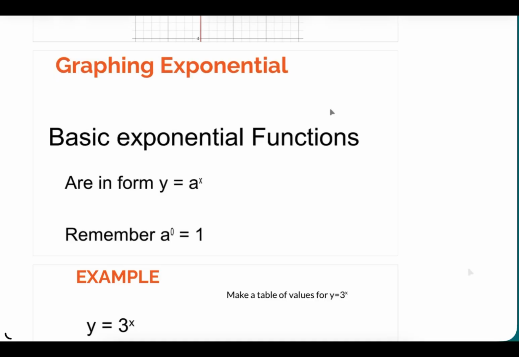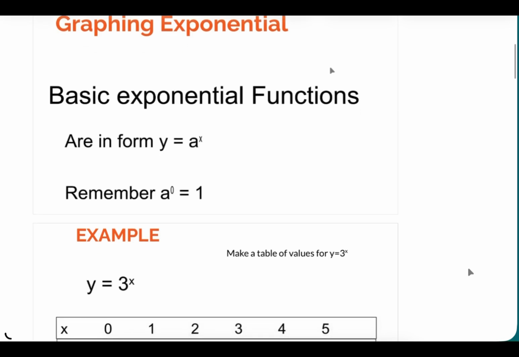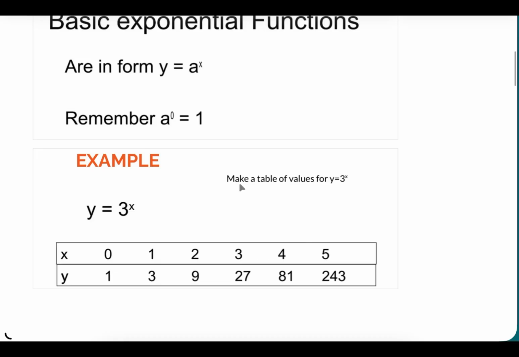As usual, we can make a table of values: put in values for x, and from those calculate values of y. When x is 0, y is 3 to the 0, which is 1. When x is 1, y is 3 to the 1, which is 3.